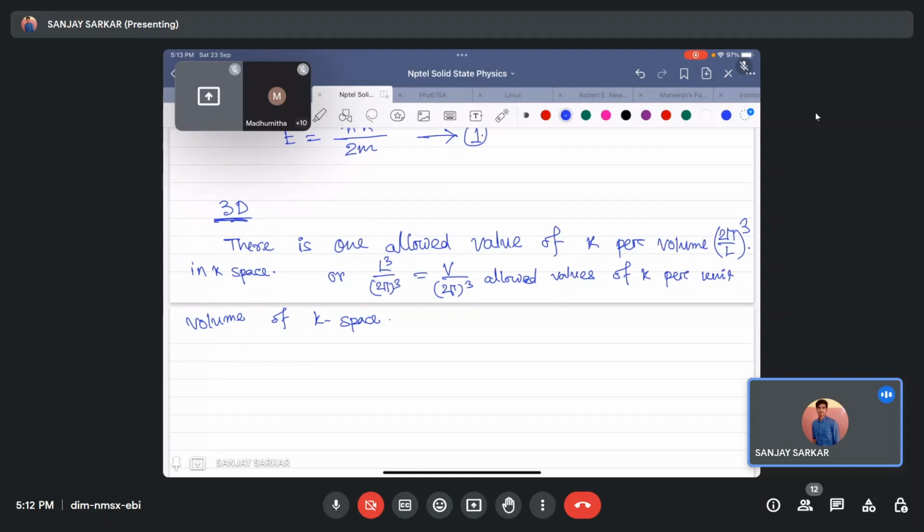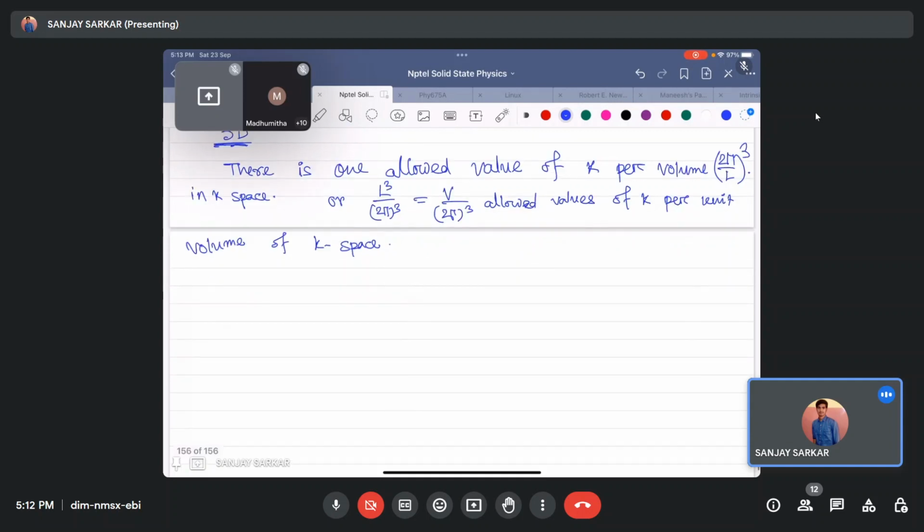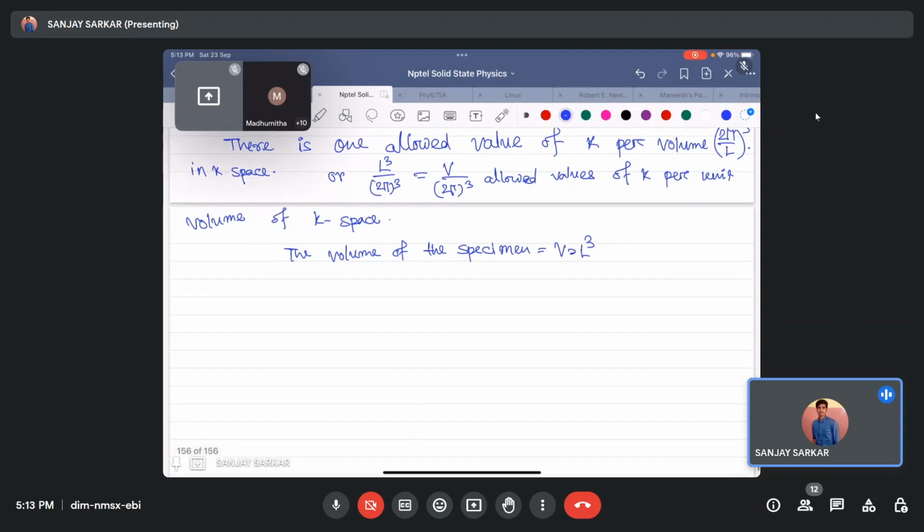The volume of the specimen which we are considering, let's say the volume of the specimen is V, which is L cube. Now we need to calculate what is the total number of modes with wave vector less than K.